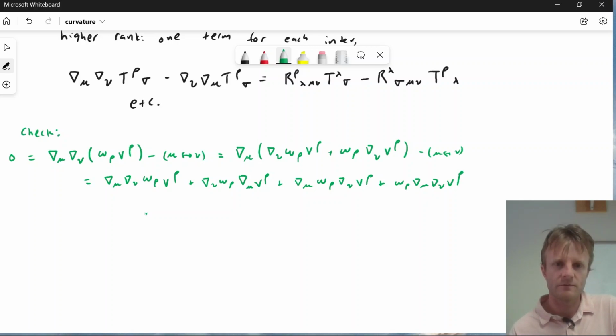It's possible it's wrong. I just used the Leibniz rule on this del mu. So this del mu del nu acts only on omega rho. But then I have the case where del mu acts on v rho, and I still have del nu omega rho. Yes?